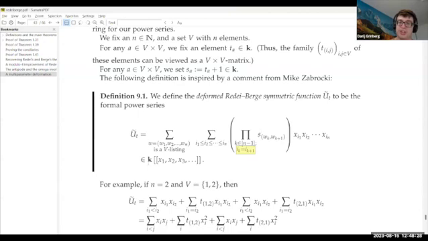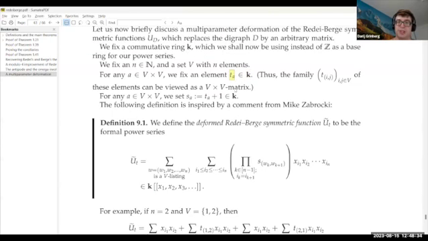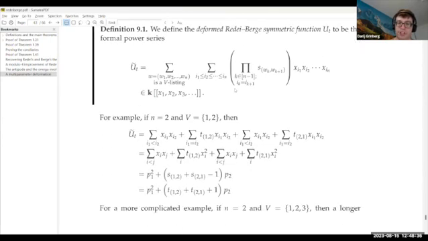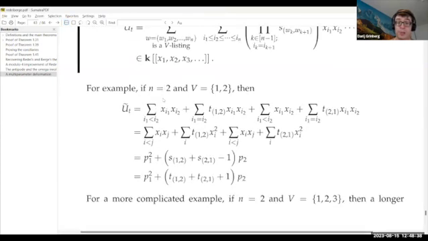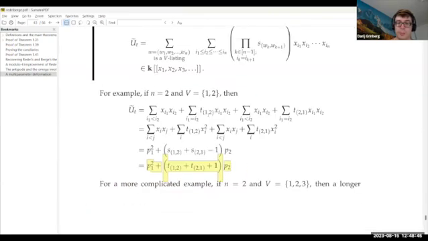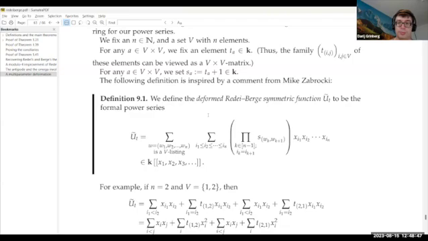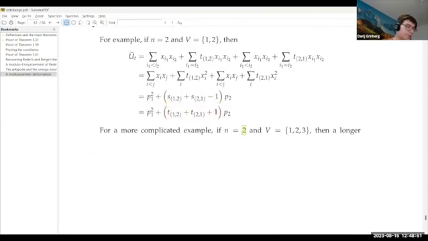So this is a formal power series now defined over K, where K is the base ring. So the T's come from some arbitrary commutative rings. So for example, when V has size 2, you get this function. Gosh, I think I have a typo here.